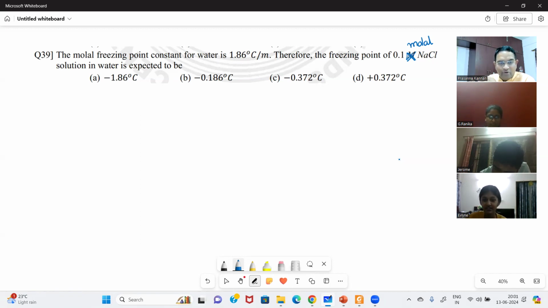What is your answer, second option or third option? Third one. I was expecting you guys to give the second option. Okay, so second option was the expected wrong answer, but you guys are very smart. So you gave the right answer. So what is the right answer, Evelyn? Minus 0.372 degrees Celsius. Yes, very good.